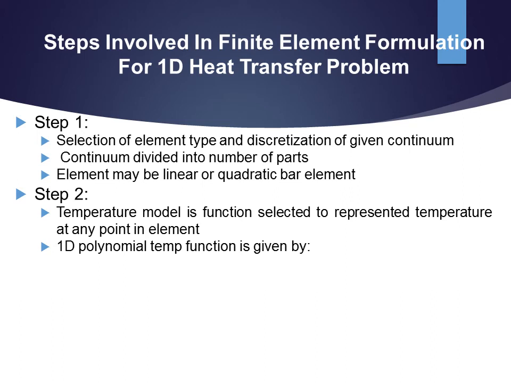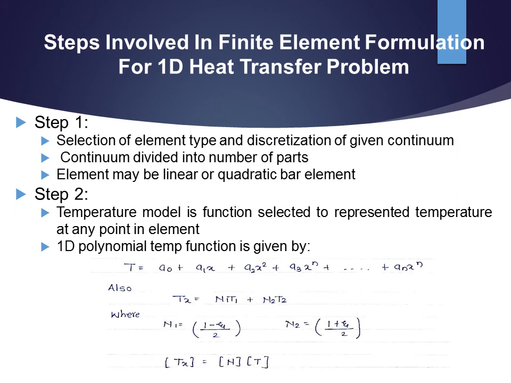Second step is to select a temperature model function to represent temperature at any point in the element, and the 1D polynomial temperature function is given like this: T equal to a0 plus a1x plus a2x square plus and so on up to anx raised to n. Also, T(x) is equal to N1 T1 plus N2 T2. This is the isoparametric formulation where N1 is the first shape function and N2 is the second shape function. N1 is equal to (1 minus zeta) upon 2 and N2 is equal to (1 plus zeta) upon 2.